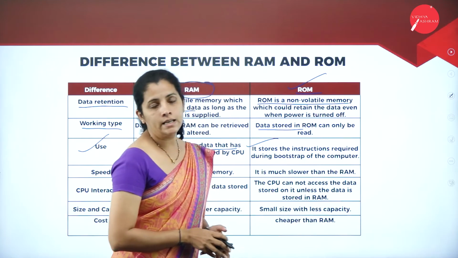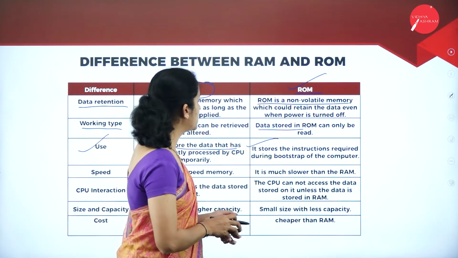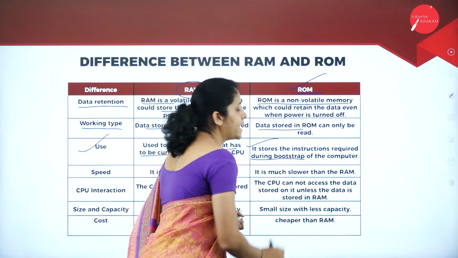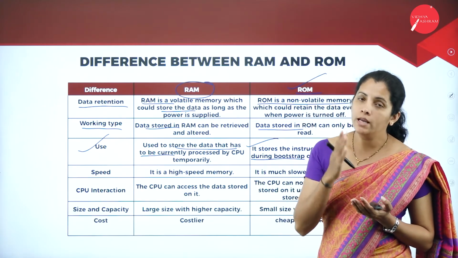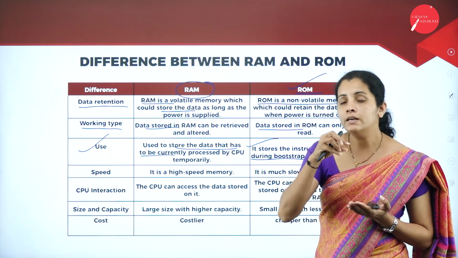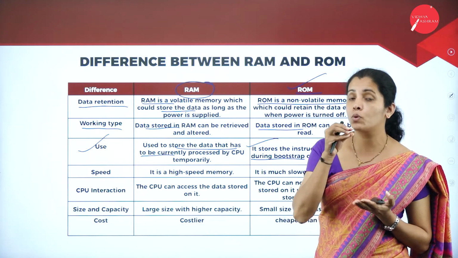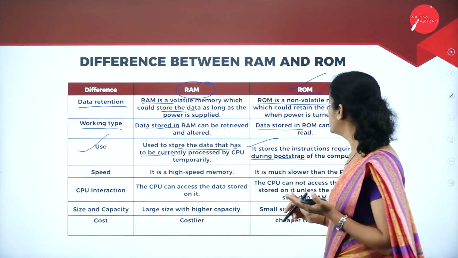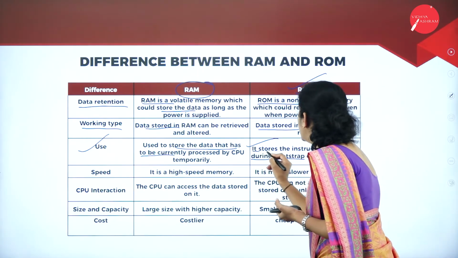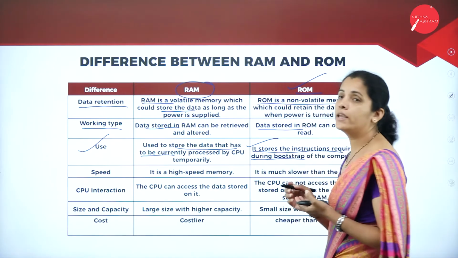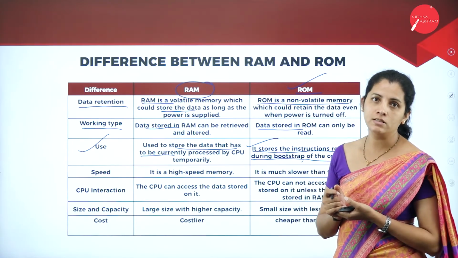Whereas in read-only memory, the data or instructions are required during bootstrap of the computer. The read-only memory chips are burnt or written during manufacturing, and they hold the program or instructions required to start your computer system. So it stores the instructions required during boot of the computer system.